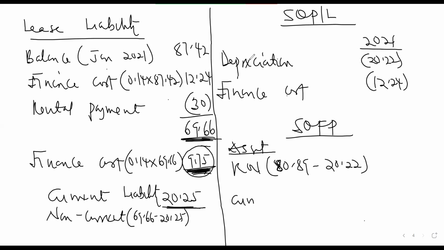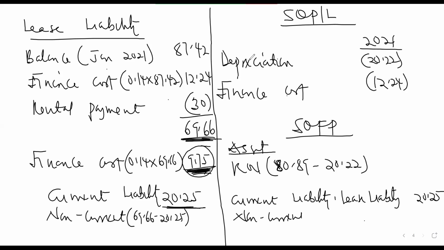Then you have current liabilities. You have current liability, which will give you lease liability as current. That will give you 20.25. And the non-current liability will also be lease liability.